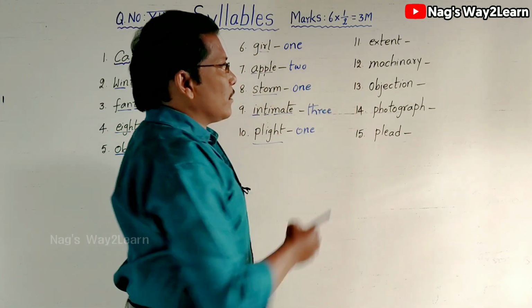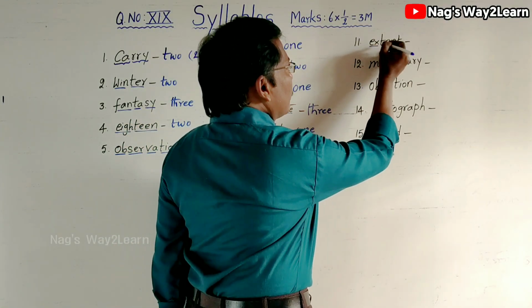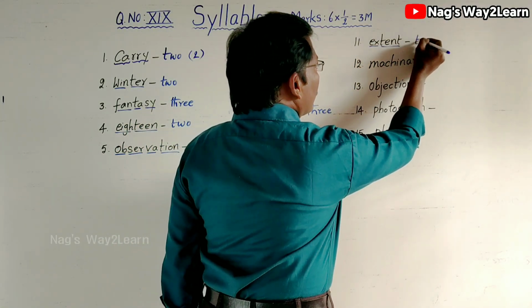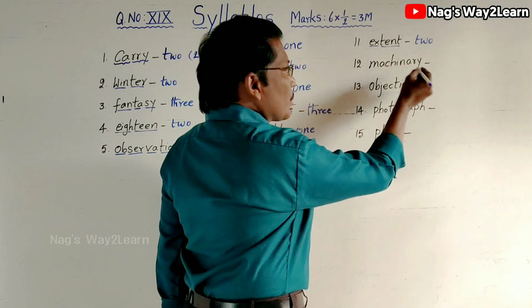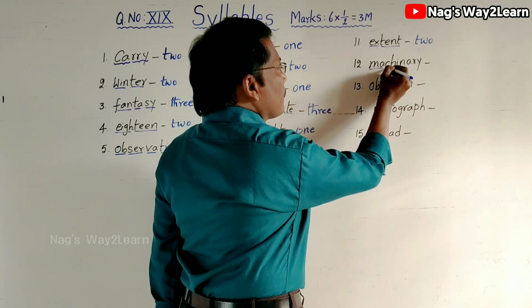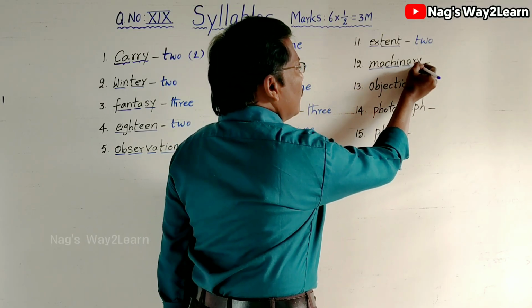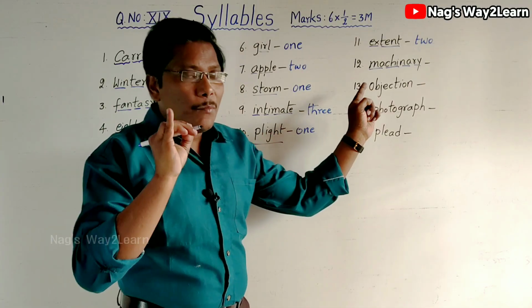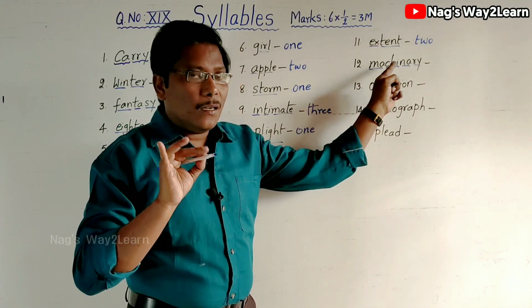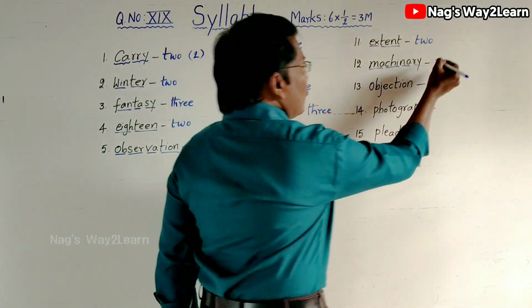Next, extent, so extent, two syllables are there. And machinery, that means there are four syllables.